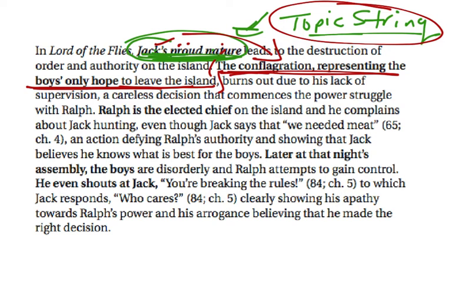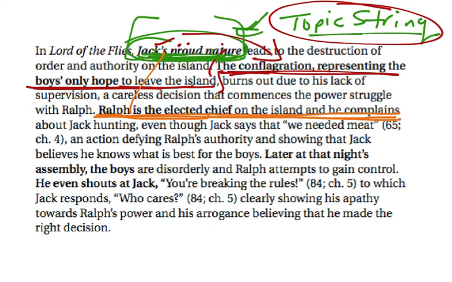And then we look at the third sentence. And what we have is another shift. Ralph is the elected chief on the island, and he complains. So if you look at the first couple words of this sentence, they also have nothing to do with the central ideas of the topic sentence.